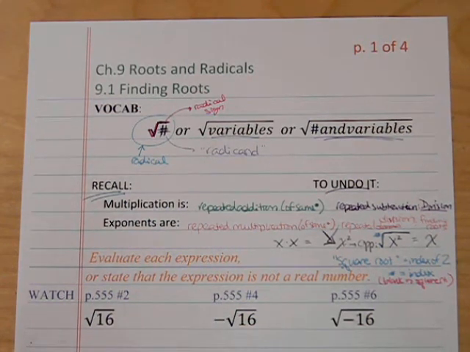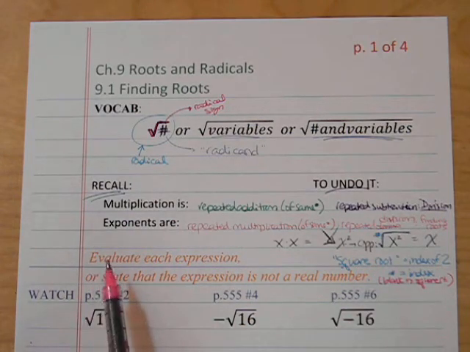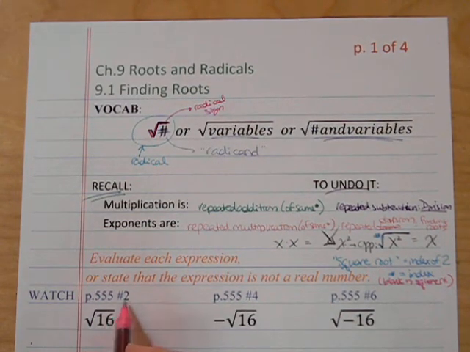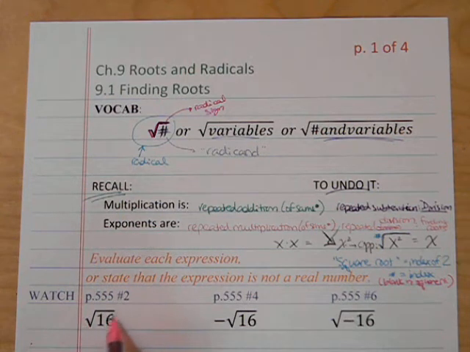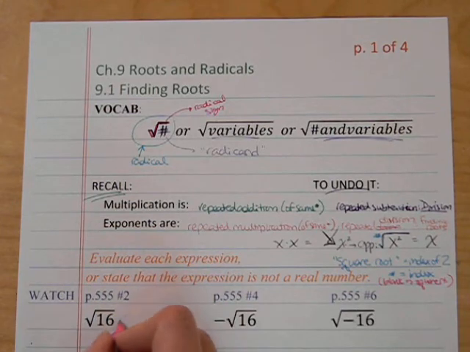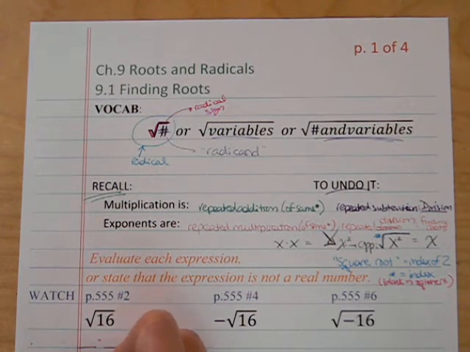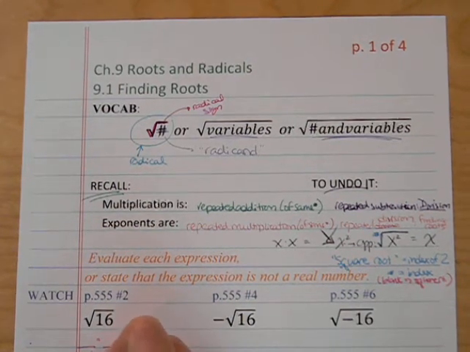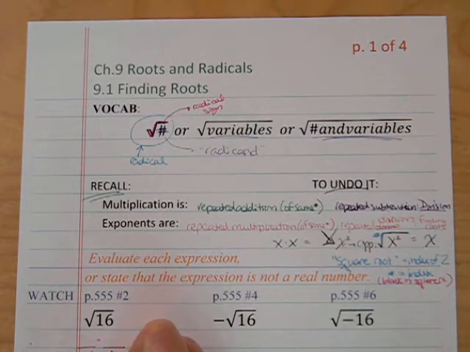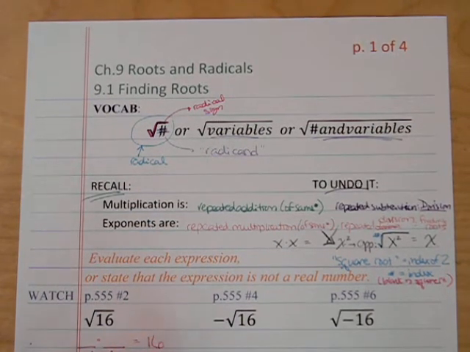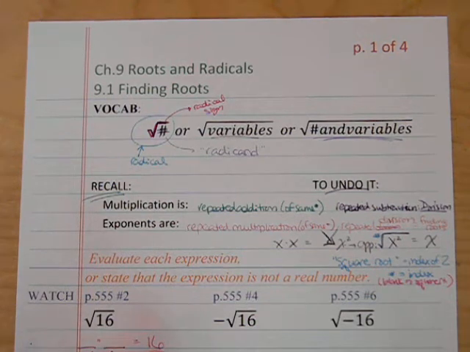So let's take a look at what happens when you start to involve negatives. The instructions say to evaluate each expression or state the expression is not a real number. So again, when we start with number 2, radical 16 or the square root of 16, we're looking for a number exactly times itself that will give us 16. And these two have to exactly match.